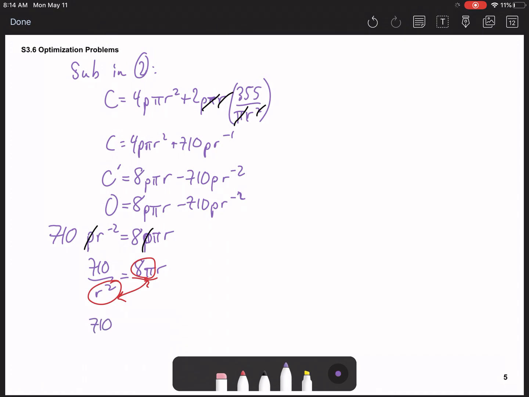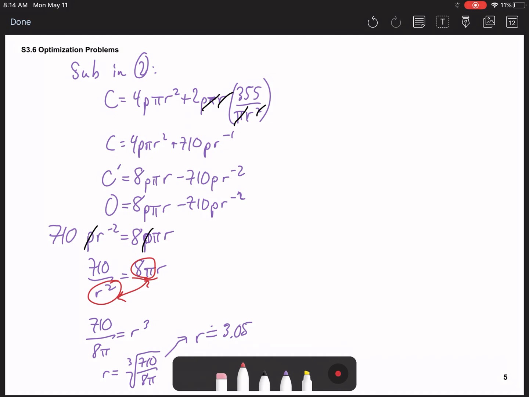So 710 divided by 8 pi is equal to r cubed. So that means r is the cube root of 710 over 8 pi, which is approximately, here's where I use my calculator, it's approximately 3.05 centimeters.